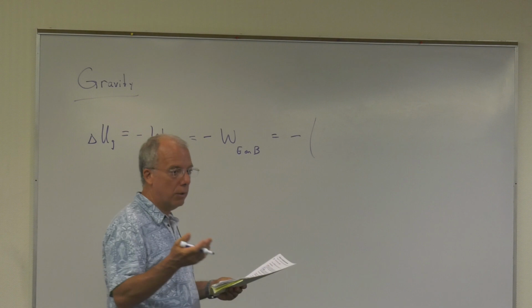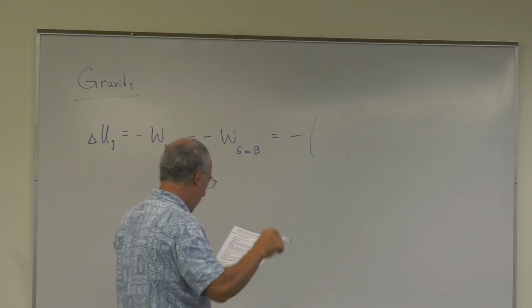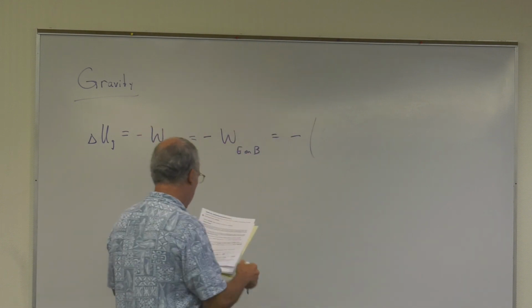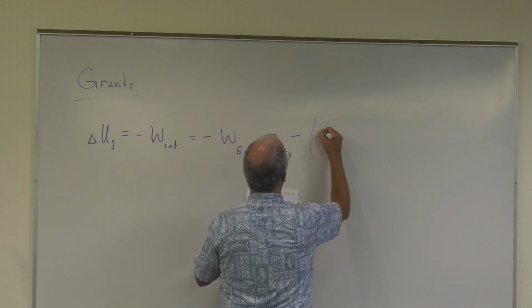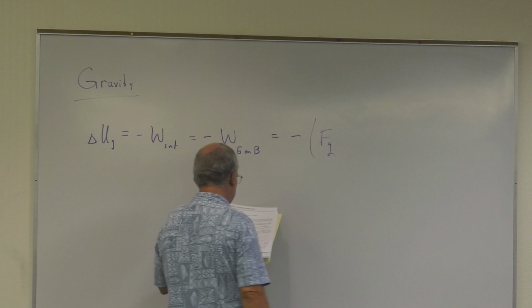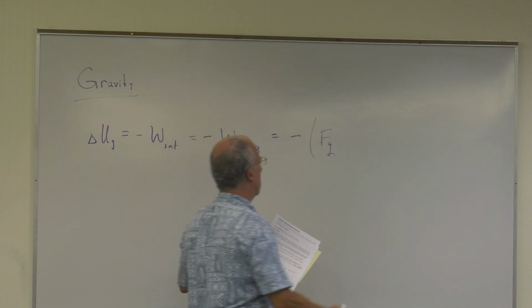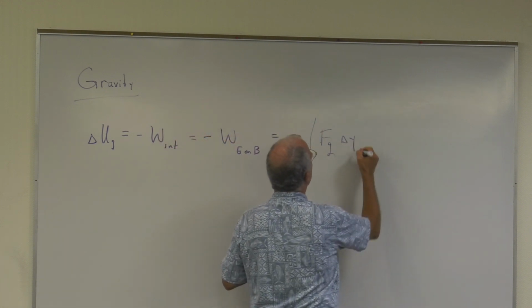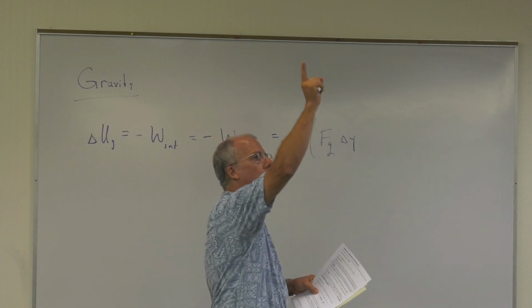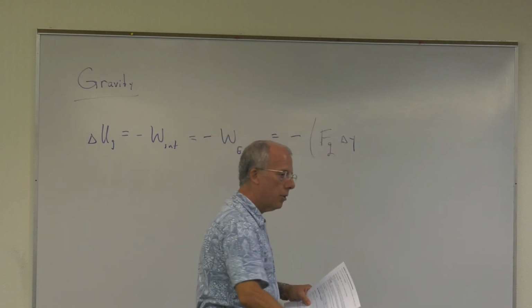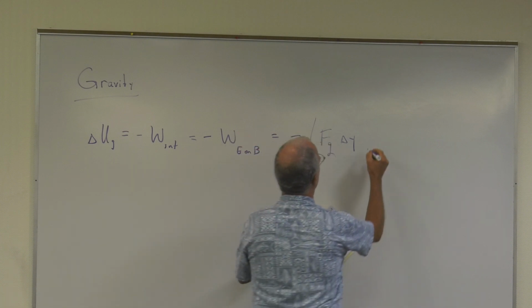Well, that's the gravitational force, right? And remember, I threw the ball up, right? So work: there's the force of gravity, then there's the distance, delta y, and then there's the cosine of the angle. Now the delta y is this way, force of gravity is this way, so the angle is 180.